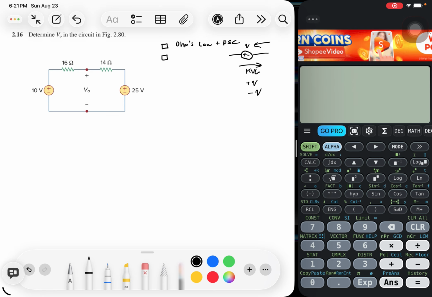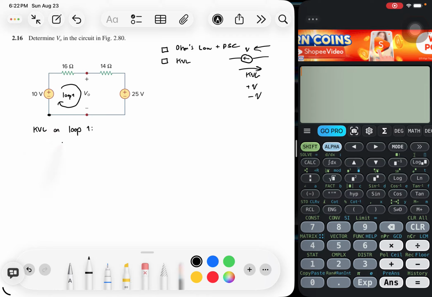Now, in this case, for determining V naught, what we can do is first perform the KVL on, let's say, loop 1 so that we can have an equation for V naught. So let's go ahead and do that. We apply KVL on loop 1. First, let's start at this point. So that would be negative 10 volts.